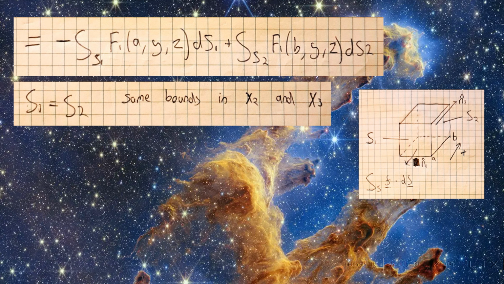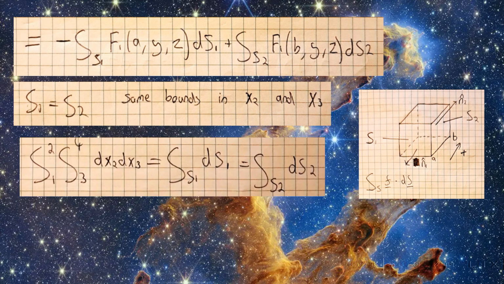But if we take a look at these surfaces, we can see that they actually have the same bounds in the y and the z directions. So if we were to integrate this surface, it would have the same bounds. So really these surface integrals have the same bounds, and they can be interchanged.